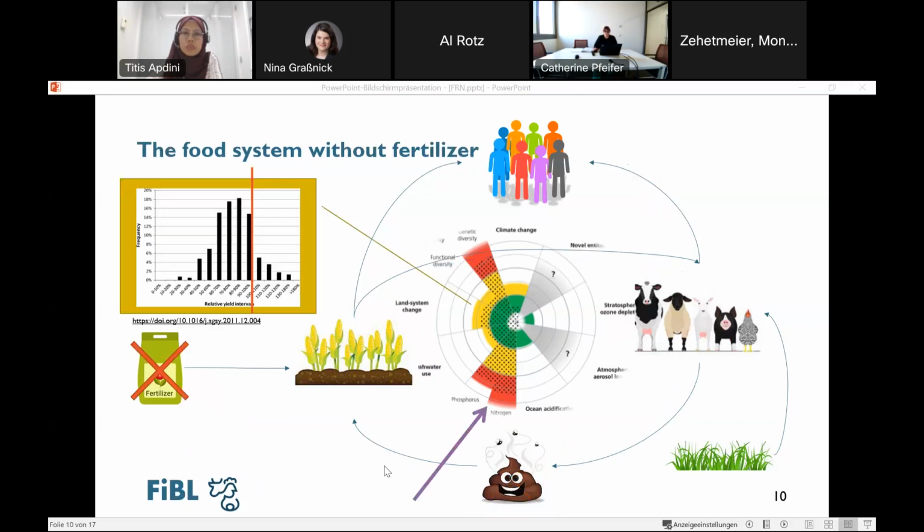fertility. On the other hand, we could sort this nitrogen problem by not using artificial fertilizers. Yes, this is something we understand very well at FiBL. This is organic agriculture, and though I am coming from organic agriculture, I need to tell you, organic produces 20% less than conventional, so it's not really a solution because we will need more land.